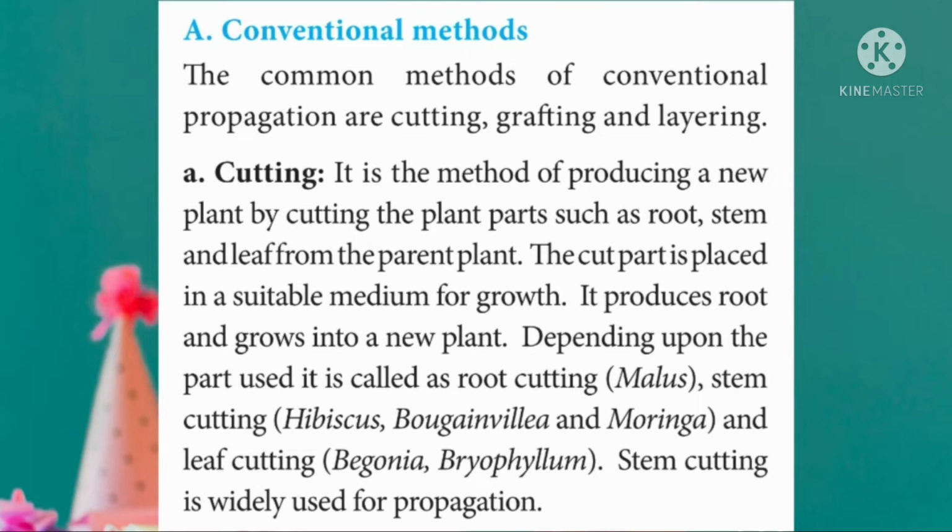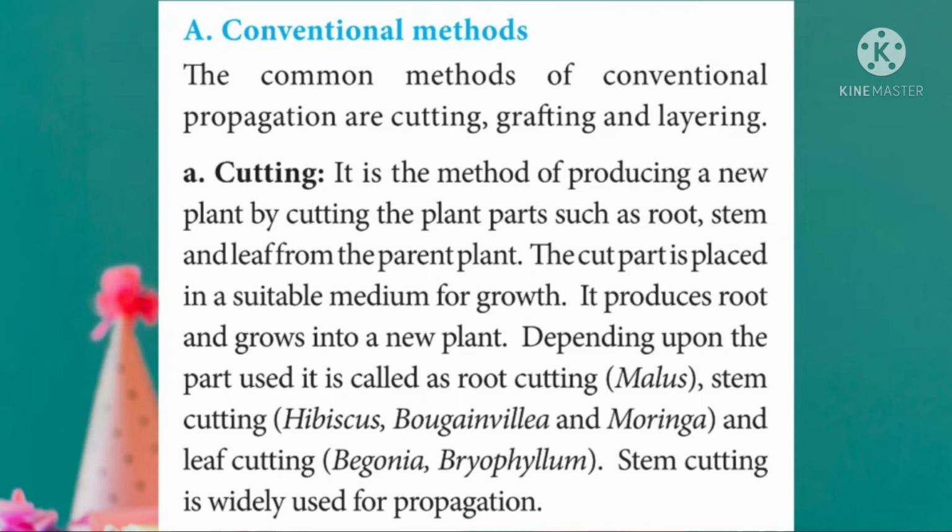Stem cutting examples are hibiscus, bougainvillea and moringa. In Tamil, these are called sembaruthi, kagidappu and murungai maram. And leaf cutting: begonia and bryophyllum, two special plants, are grown by leaf cutting. Among these three cuttings, stem cutting is the most widely used propagation technique.